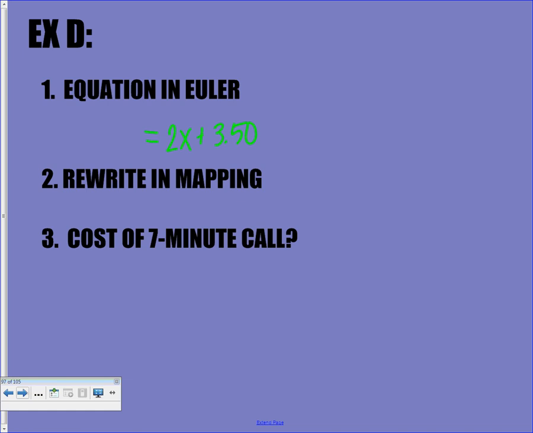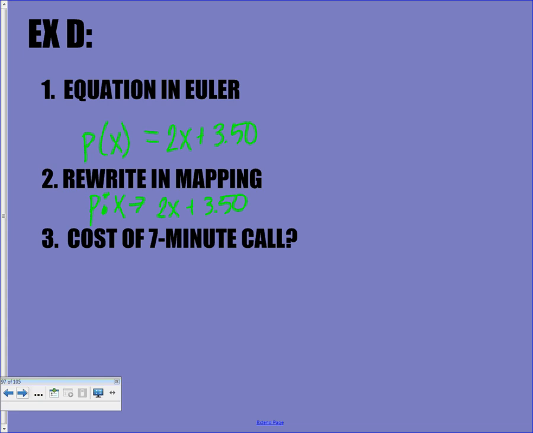So the each or the every is your slope, so 2x plus the 3.50 that it costs, okay? It didn't tell us what we want to name it, so maybe I'll write P for the phone calls, and then we chose x already, so P of x equals, okay? Again, you could have picked anything there because it did not tell you what the name had to be. So to rewrite that in mapping, well, we already picked P for our name, so P, colon, and then my x, and then my arrow, and then my 2x plus 3.50.